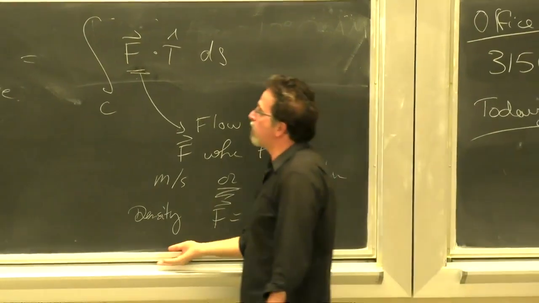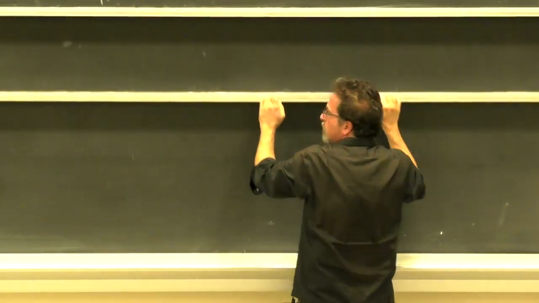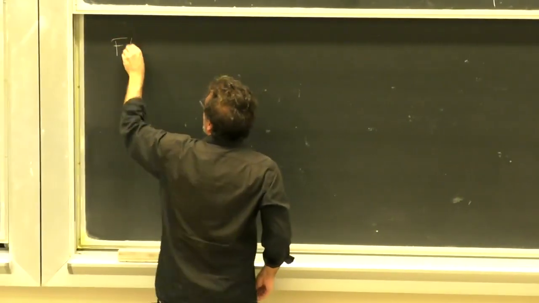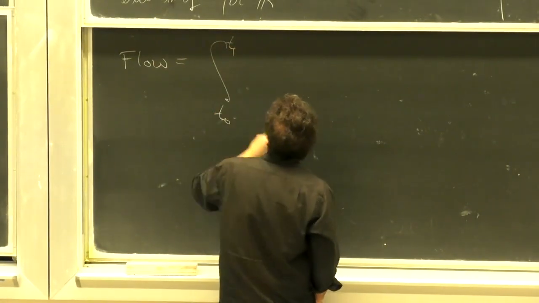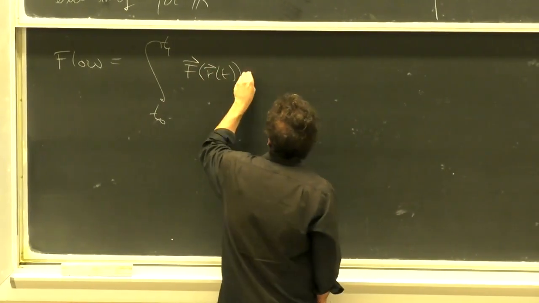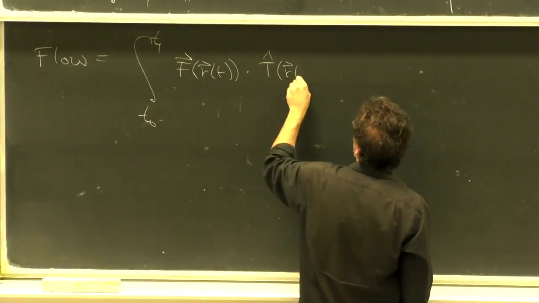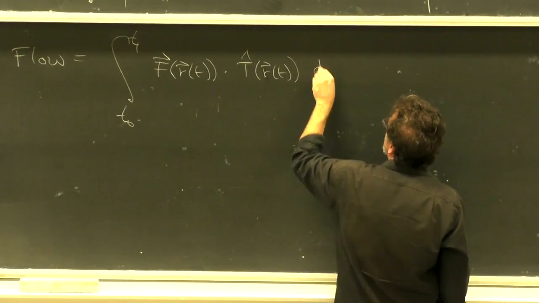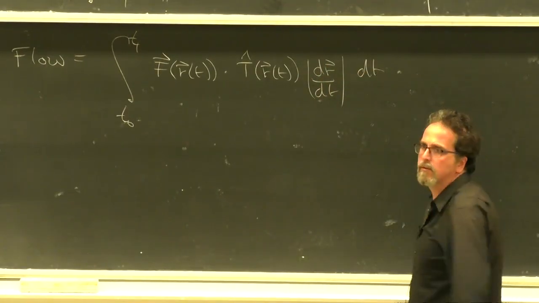But the act of actually computing this, I'm not even going to go through it, because this is exactly like you would do to compute work. So it doesn't need much more commentary. In order to compute the flow, you parameterize the curve, so you go from some t0 to t1, and you evaluate the function F of r of t, and then the tangent vector, of course, depends on r of t, where you are along the curve, and then ds is really the magnitude of dr/dt, integrated with respect to time.